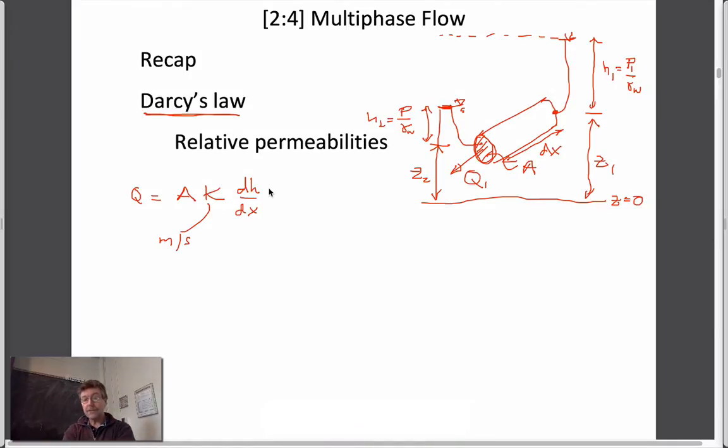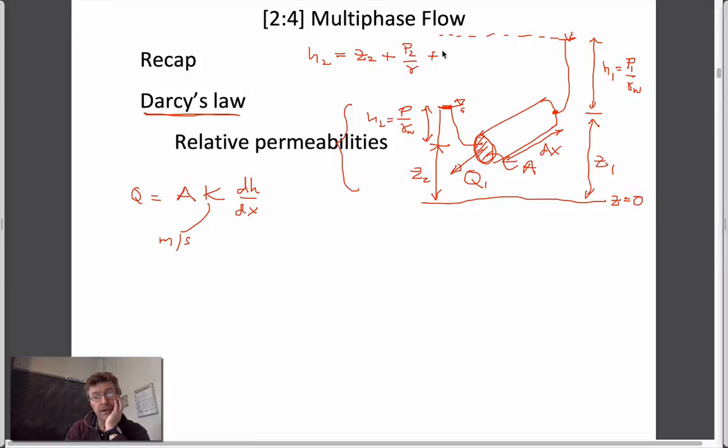So it's filled with sand. We can get a volumetric flow rate out of it, and it's a function of the cross-sectional area, hydraulic conductivity, the head, which is the sum of these. Let me put this: H2 is equal to the elevation of the point where you're measuring it, plus the pressure head at that point.